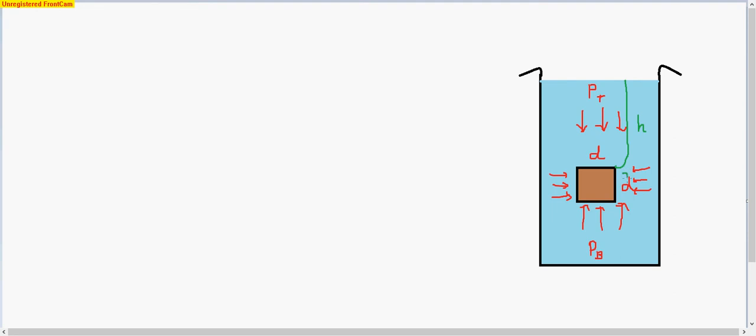It includes this d also, right? So since the equation for pressure is h rho g, as height increases, pressure increases normally. Okay, so we know that PB is greater than PT, right?